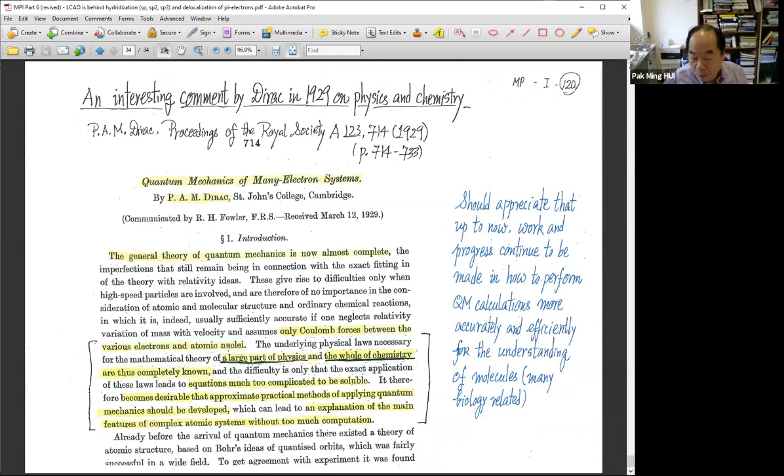That is his viewpoint, and this goes in line with the title of the paper, Many Electron Systems. He wants to discuss how to deal with many electron systems.